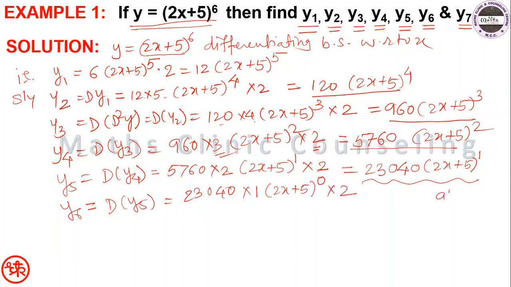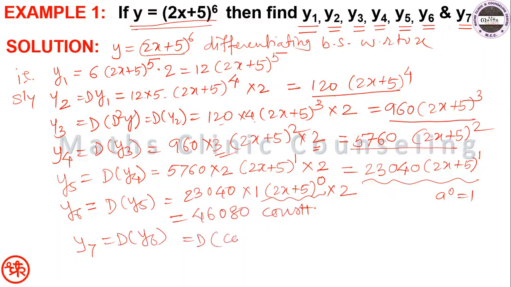Now any a to the power 0 is equal to 1, so this value is also 1. So the final answer is 46080. This is a constant number, and so y7 is equal to d of y6, that is d of constant. And the derivative of a constant is always 0.